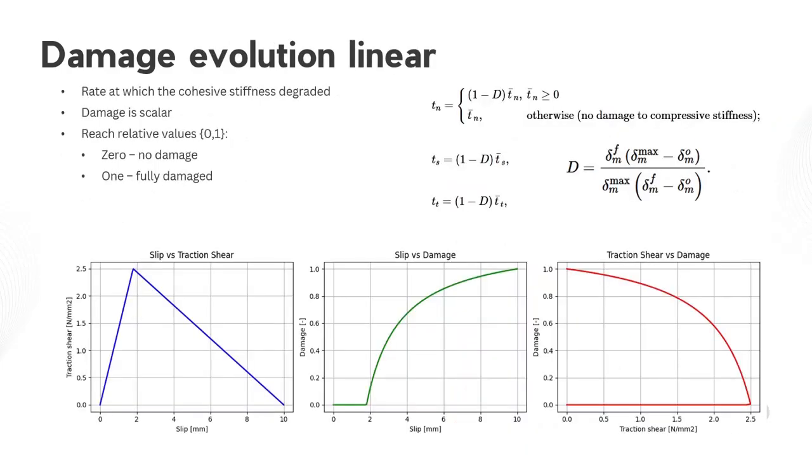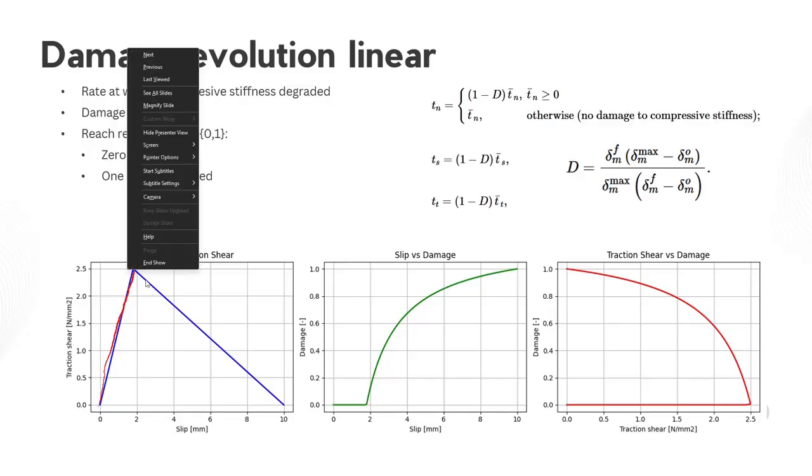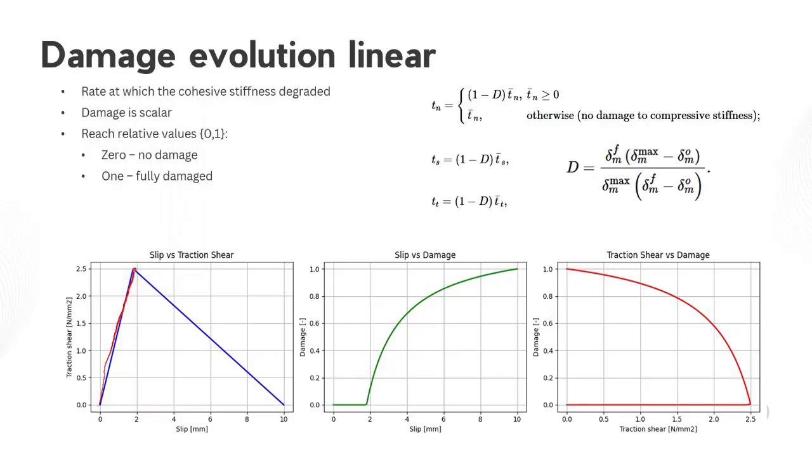Damage evolution is a linear descending branch. As you can see on the slip versus traction diagram, those are the data for our testing setup, where the maximal stress at the damage initiation is 2.5 megapascal, and the slip delta zero is equal to 1.8 millimeters.